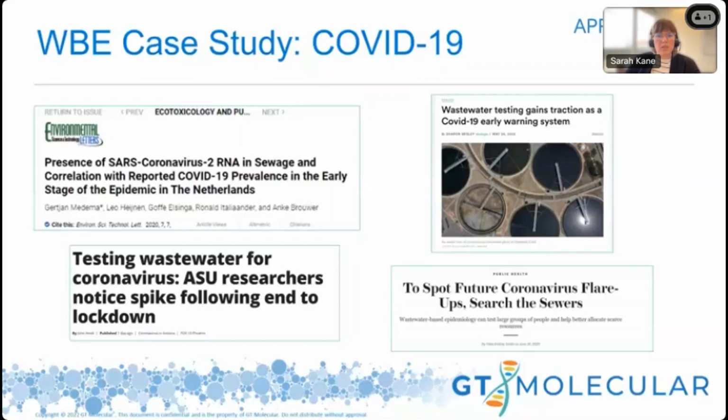As an example, we traditionally test folks for influenza and RSV during the fall and winter months. However, wastewater testing can be an ongoing way that you can continuously monitor for these sorts of atypical activities.